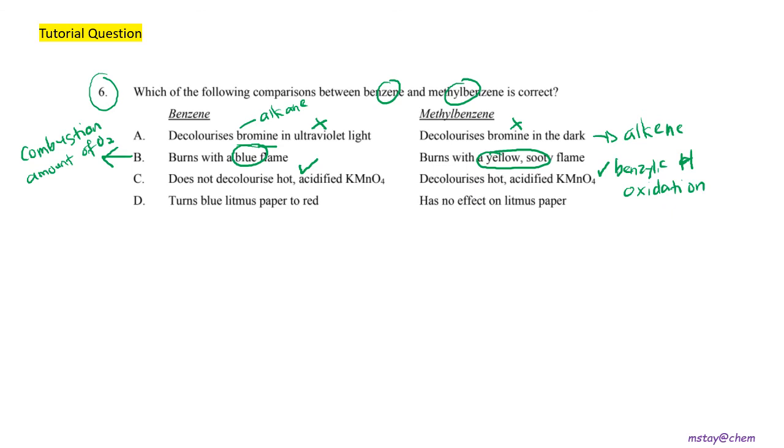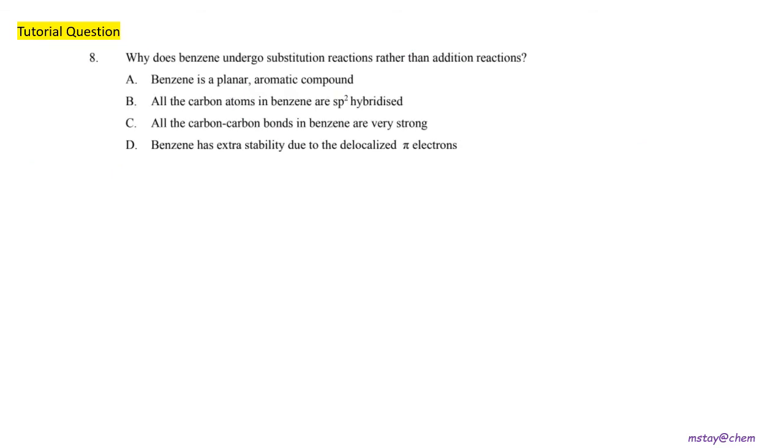Okay, turn blue litmus paper to red. When we mention litmus paper, it is related to acidity or basicity. So far we didn't discuss acidity and basicity, so that answer is not the correct answer, so the correct answer will be C.